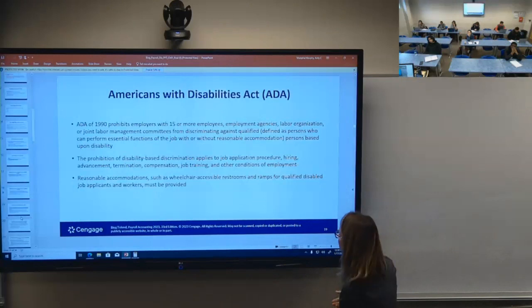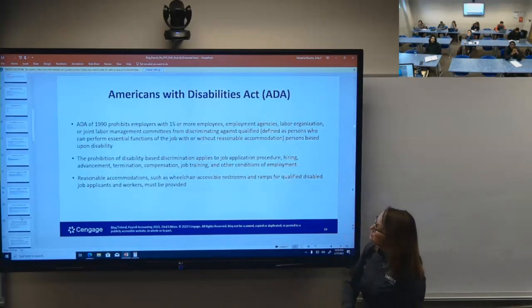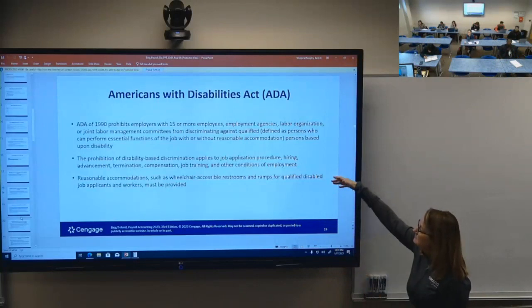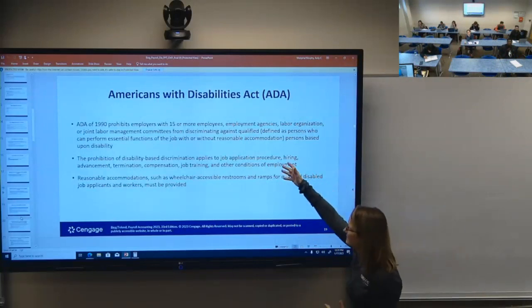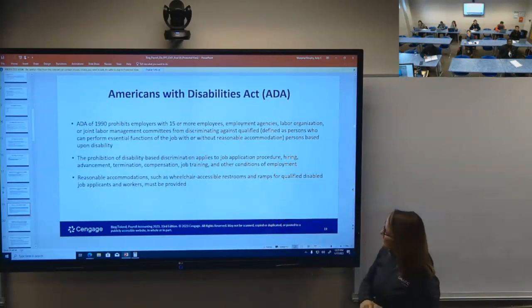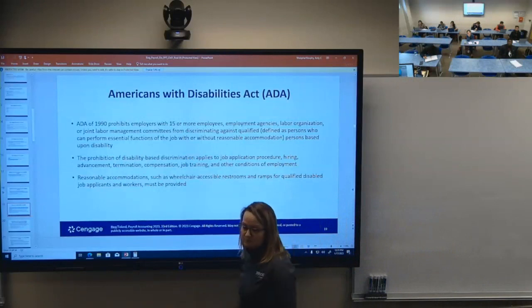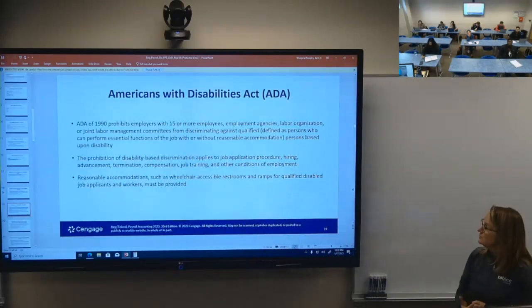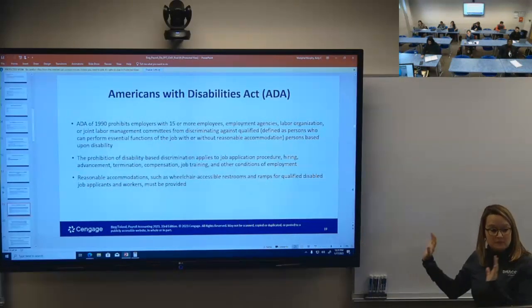That's a reasonable accommodation. Wheelchair accessible restrooms and ramps for qualified disabled job applicants and workers must be provided if the organization is subject to the provisions of the ADA.